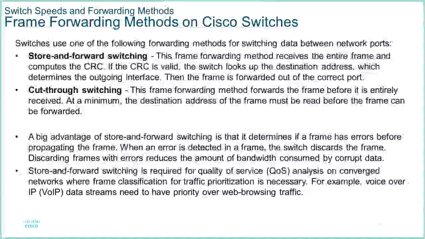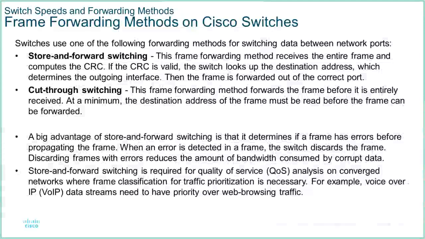So it's got enough information to make a forwarding decision based on that, and as it receives the frame, it is sending it out. The big advantage of cut through is it is so much faster than store and forward. The bad side is it doesn't catch any corrupted frames as they're passing through.